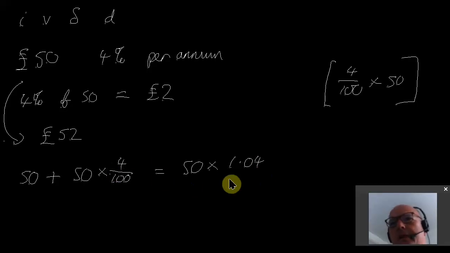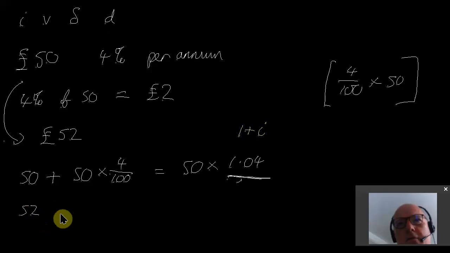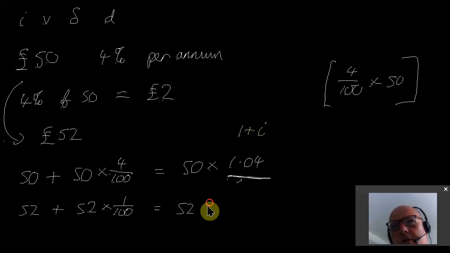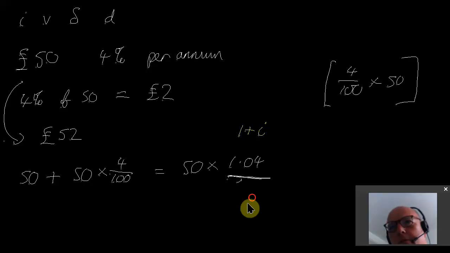And this is the first really key way of thinking about things. Instead of working out how much interest there is and adding the interest on, we just multiply by this thing, which is 1 plus i, 1 plus the rate of interest. Now if I leave my money in the bank for 2 years, then I've got 52 plus 52 times 4 over 100, or in other words, 52 times 1.04.